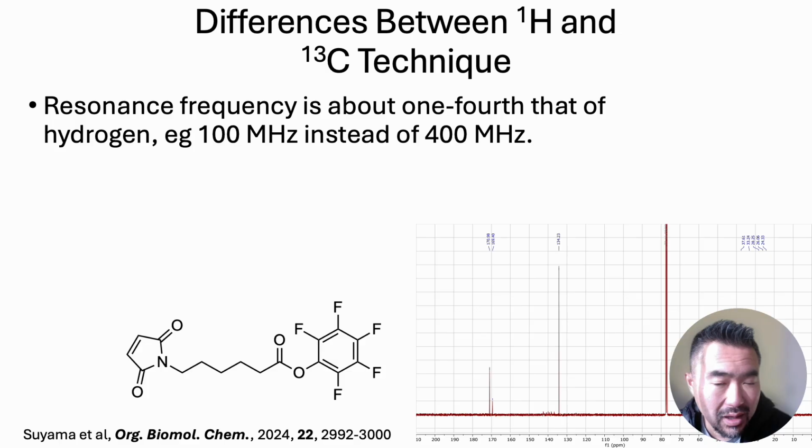Now, here's another look at an actual real-life carbon NMR, and I really regret that my face is right here because you can't see these tall peaks. They're about this height in the carbon NMR, and you notice there's a really tiny peak here and a fairly large peak. What's going on?